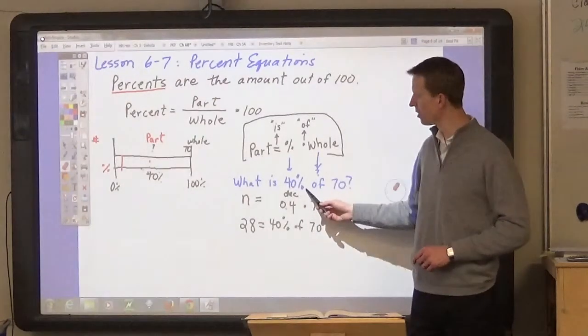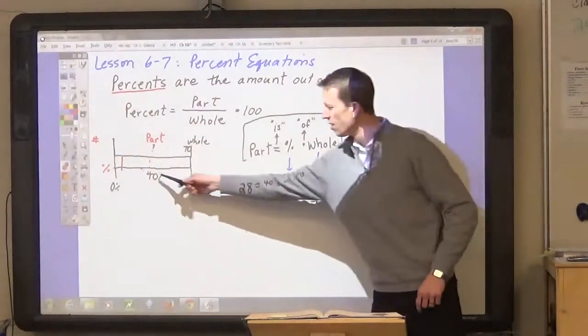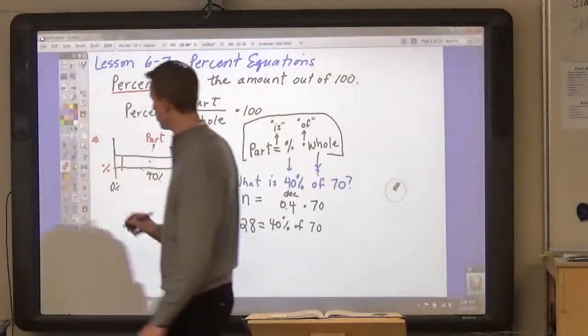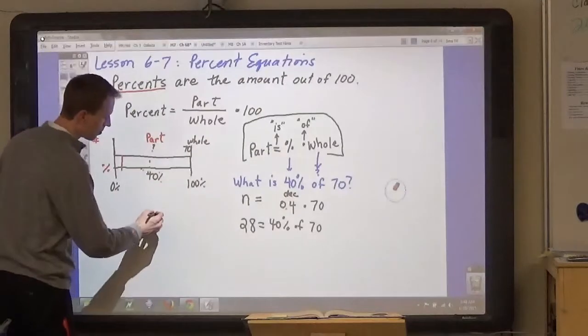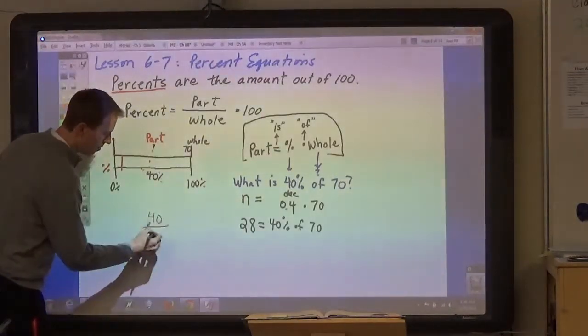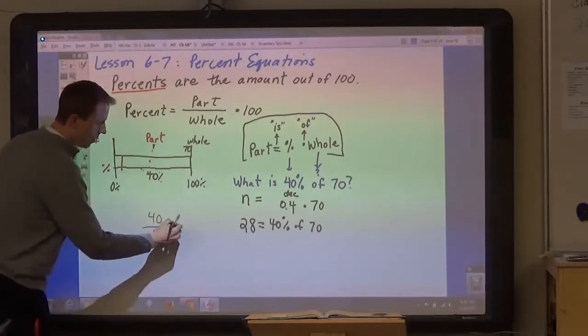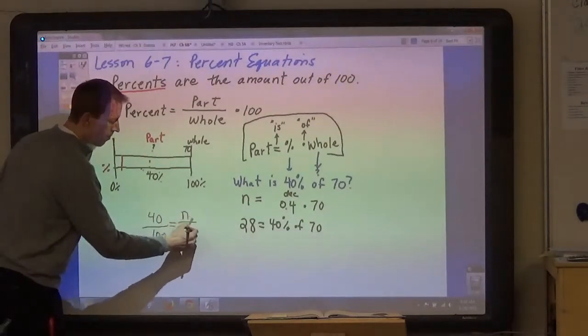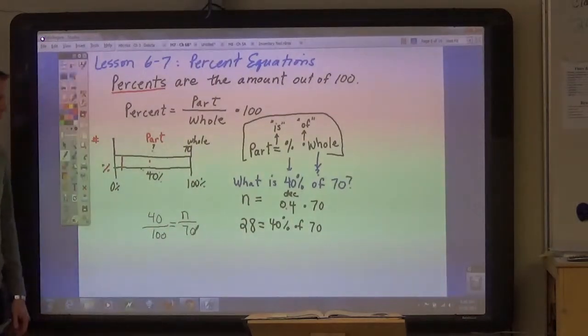And 40% is out of 100. So we can set up a proportion like this. 40 out of 100 equals the part n out of 70, right?